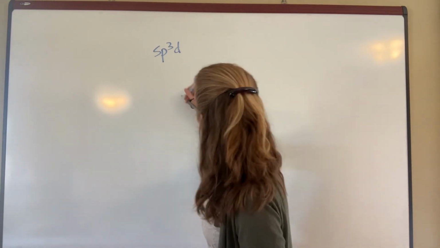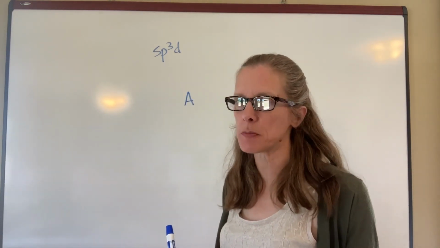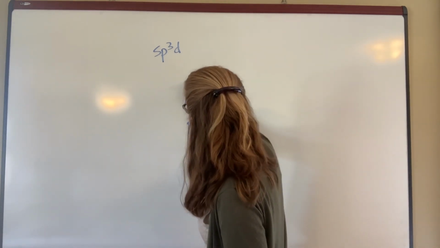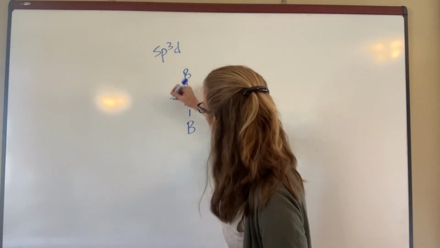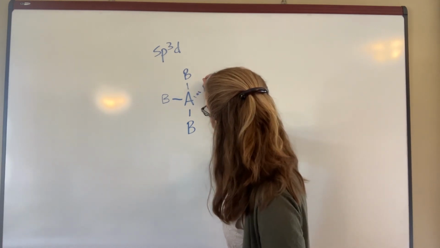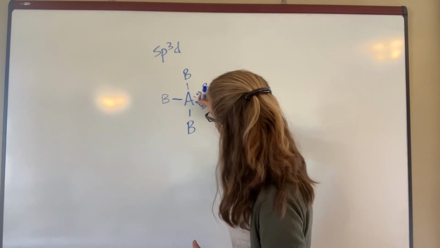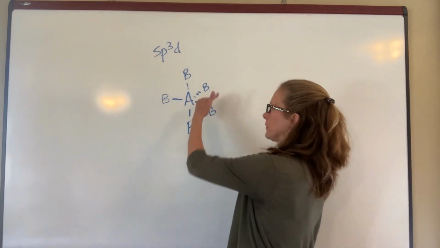geometry, if my central atom is here, then a lot of times the way that I'm going to draw that is I'm going to draw these atoms going straight down, straight up, and I think I may have mentioned this before. One of them is going to go straight out. One of them is going to look like it's behind the plane of the board. And the other one is going to look like it's coming out straight in front of the plane of the board. Okay?